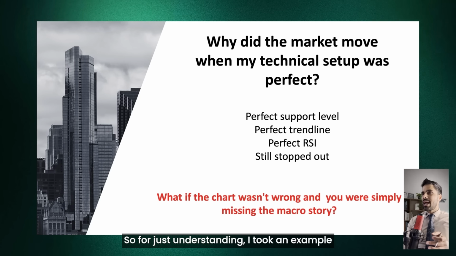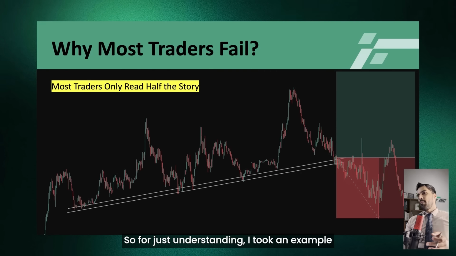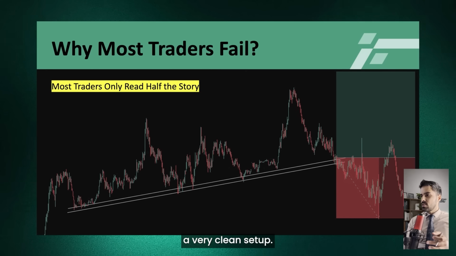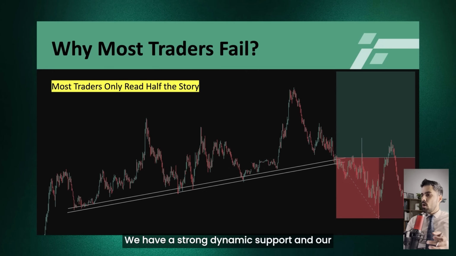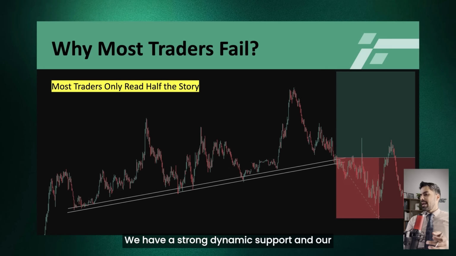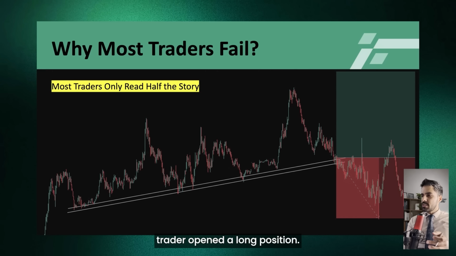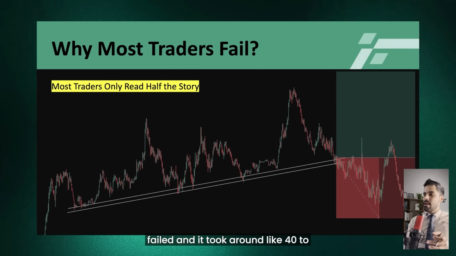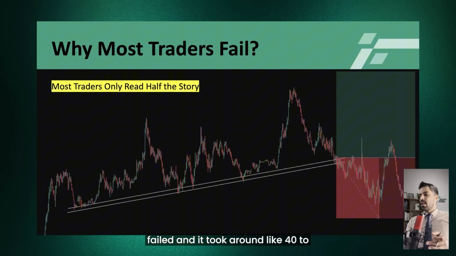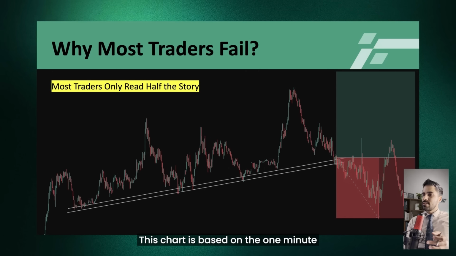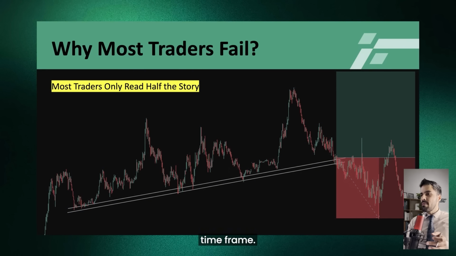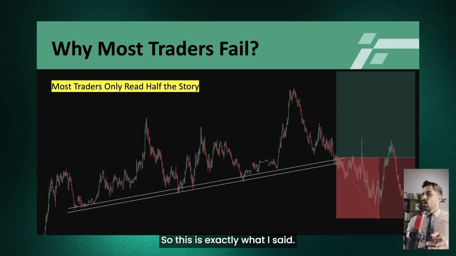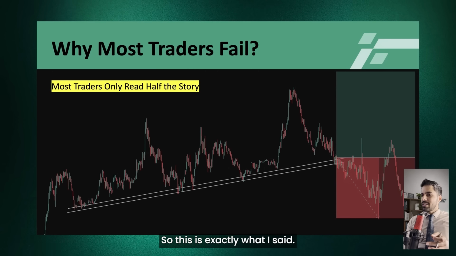So just for understanding, I took an example here, and as you can see, we have a very clean setup. We have a strong dynamic support, and our trader opened a long position, but after 6 to 7 candles, the setup failed, and it took around 30 to 40 candles. This chart is based on the 1 minute time frame. Our trader hit his stop loss. So this is exactly what I said.